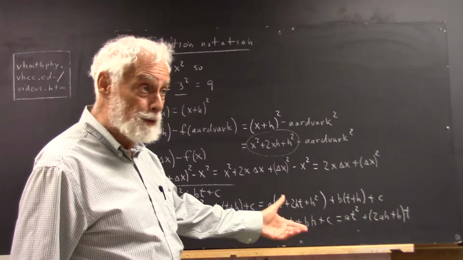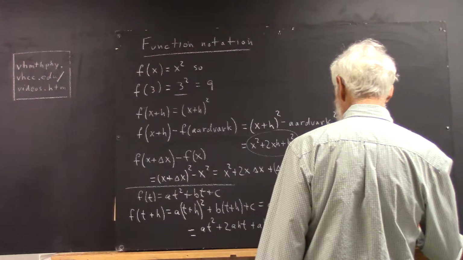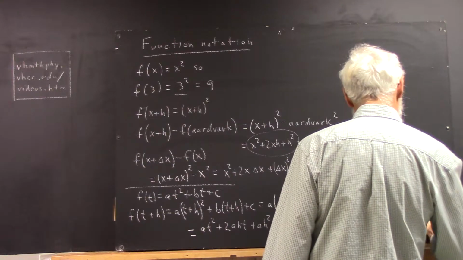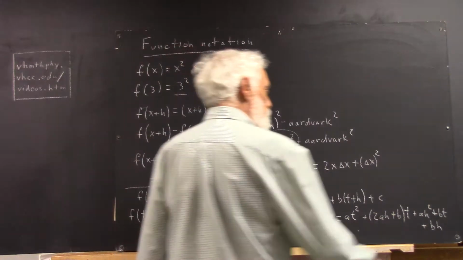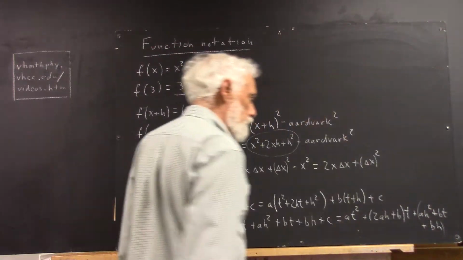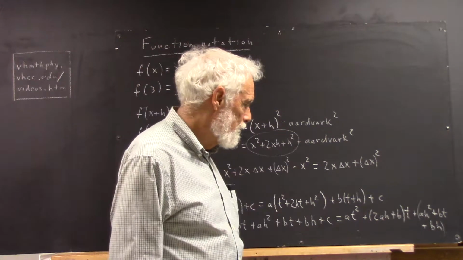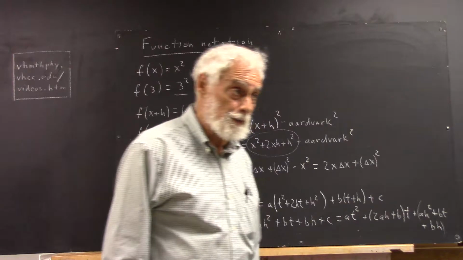Those things don't depend on t, right? Yeah. So we could write that plus ah squared plus bh. And we could even put that in parentheses if we want to emphasize that here's a multiple of t squared, here's a multiple of t, and here's the rest of it. Okay?